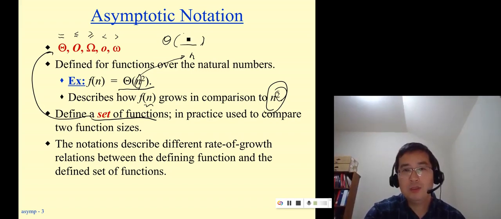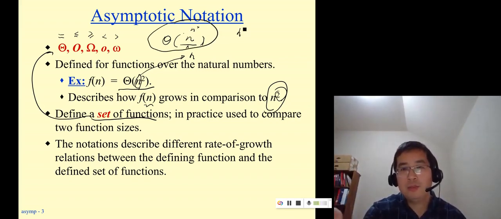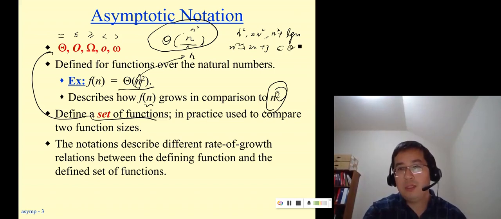So this one, theta of n or n squared, is a set, because n squared, 2n squared, n squared plus log n, or n squared plus 2n plus 3, all of them belong to theta of n squared.